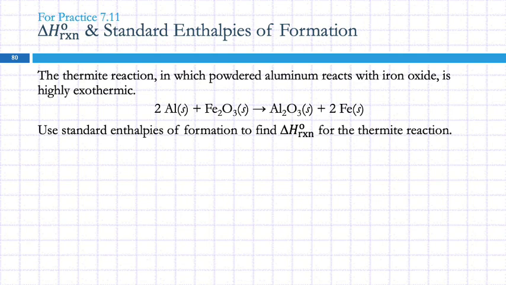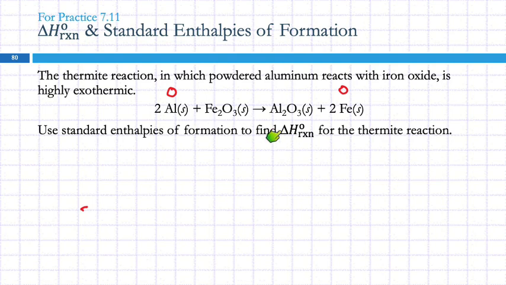Are any of these elements? Yeah. Aluminum, solid. Aluminum's not diatomic, it's solid at room temperature, so its heat of formation is 0. That's an element in its standard state. What about Fe solid? Also an element in its standard state, so that one's 0.